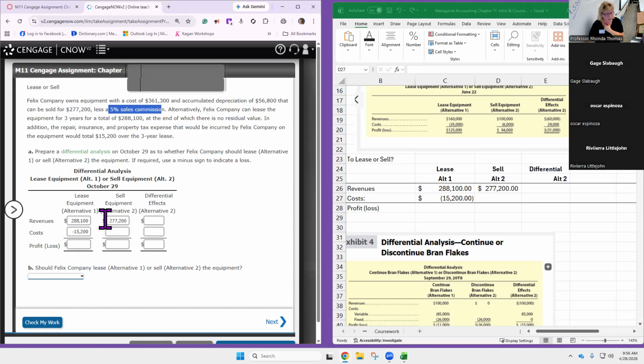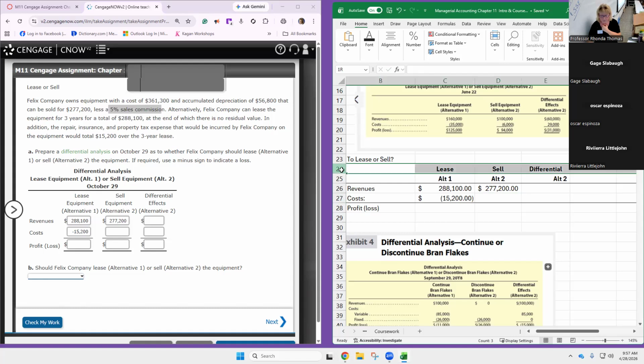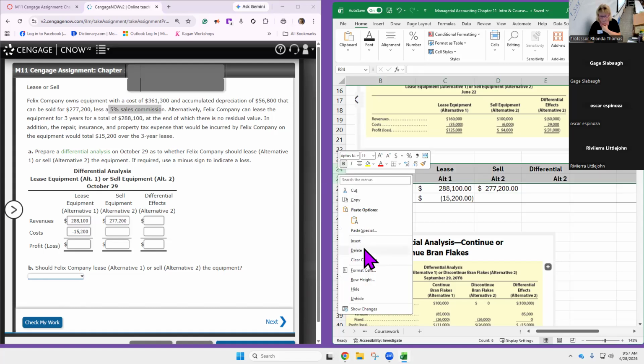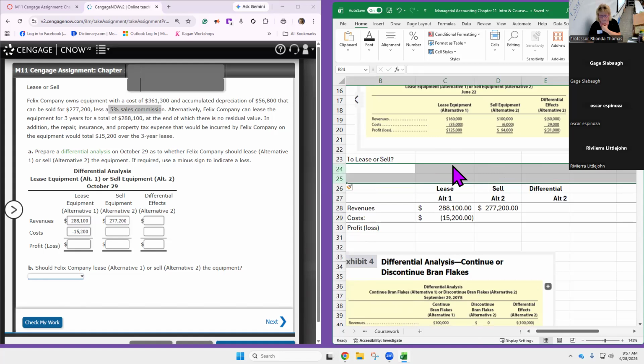If we're in the selling column, we need to take 5% of 277,200. So I am going to move this down a minute, and I'm going to put that number up here because the result of that number is going to go right here. They said that the sales price here is 277,200. And then we want 5% of that for commissions.